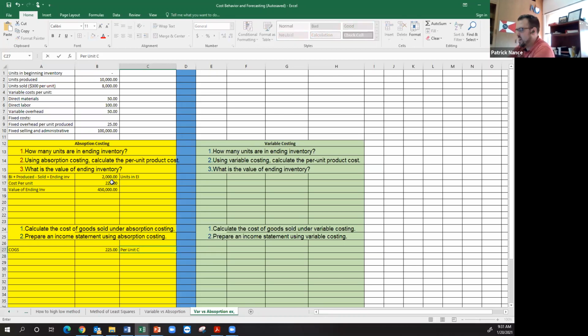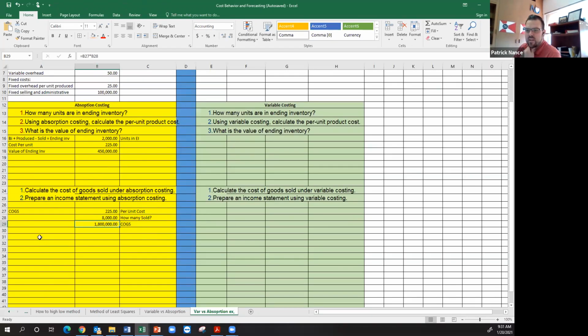I can simply figure out how many I sold and multiply by that. I know how many I sold because it's a given amount. I sold 8,000 units. So my cost of goods sold would be 225 cost per unit times 8,000, which is $1.8 million.